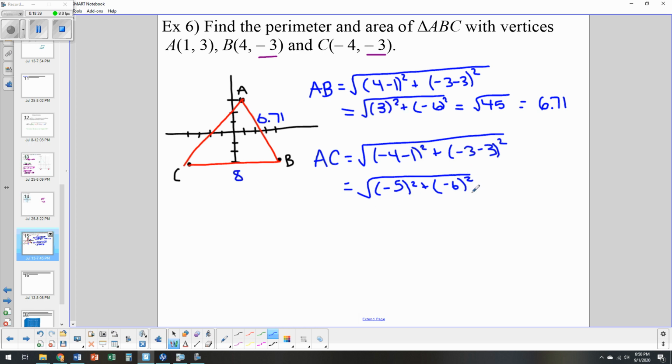So 25 plus 36 is 61. So we're looking at the square root of 61, which is about 7.81. So my perimeter is going to be adding all three of those numbers together. So 8 plus 6.71 plus 7.81 is 22.52. And they didn't give us any kind of units for this.